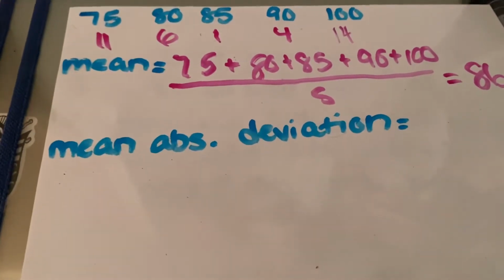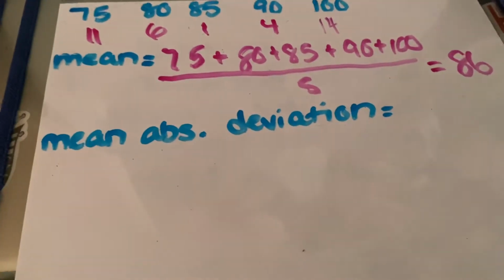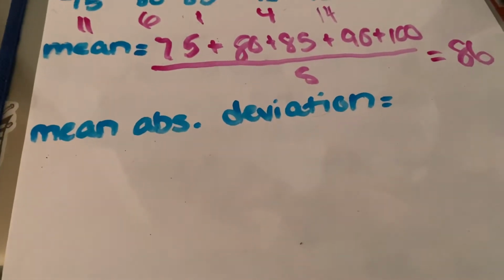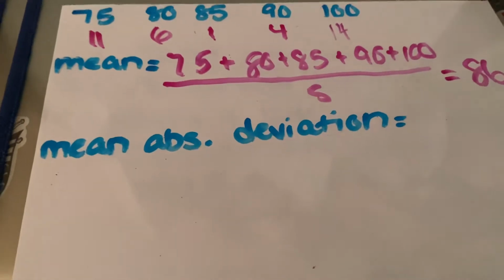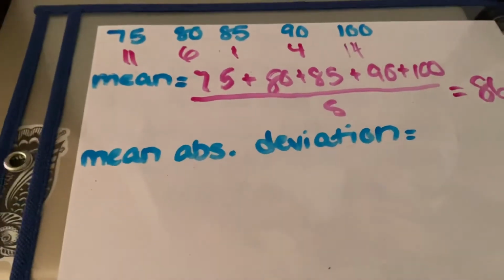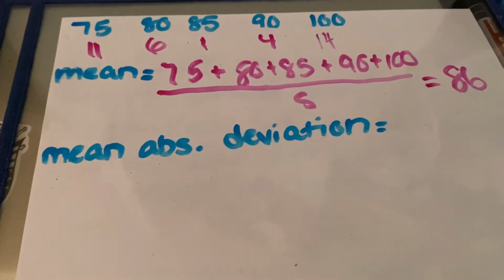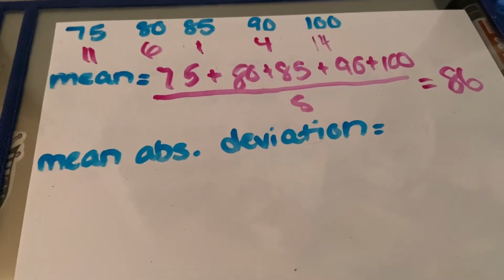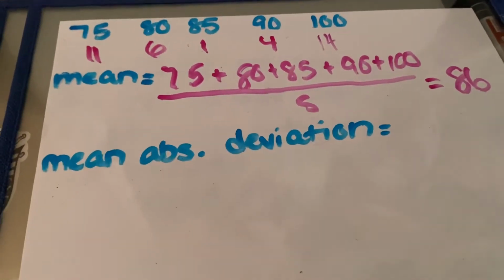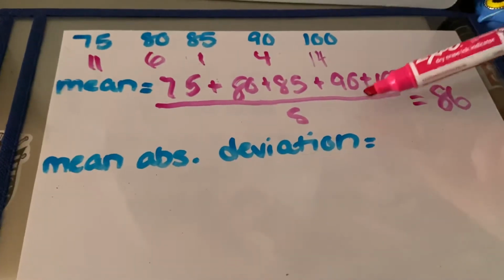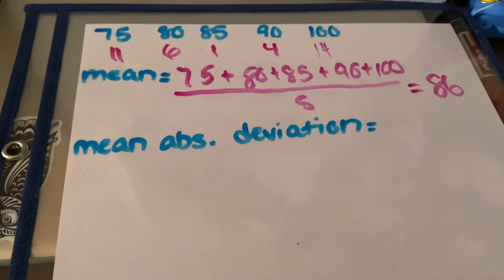So our last thing that we need to do is to find the mean or the average of those distances that we just calculated. And that's going to give us our mean absolute deviation. So we have 11, 6, 1, 4, and 14. We're going to do the same process that we did in step 1 with those new numbers.